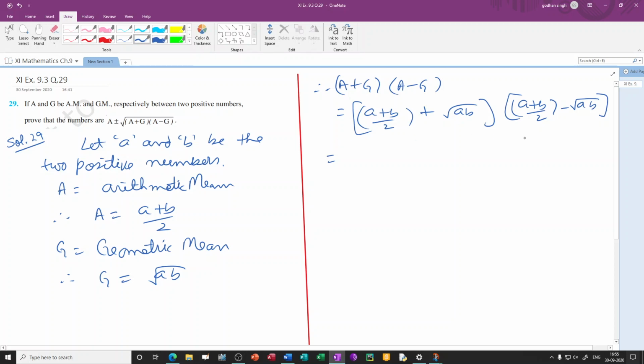So here what we will be getting is, we will use the formula of x plus y into x minus y, that will become x square minus y square.